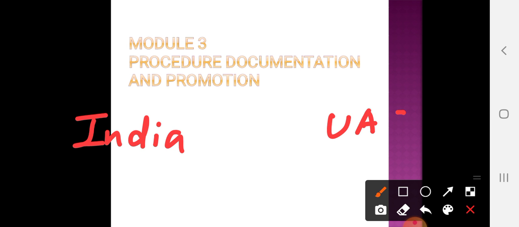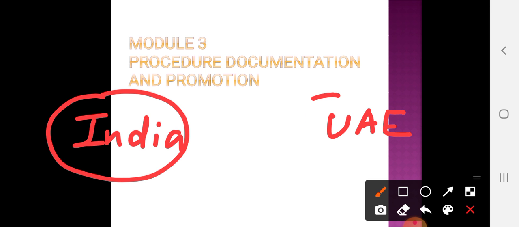There are two countries. First is India. Second is UAE, that is United Arab Emirates, Dubai, or the Arabian countries. What kind of product is India importing from UAE?